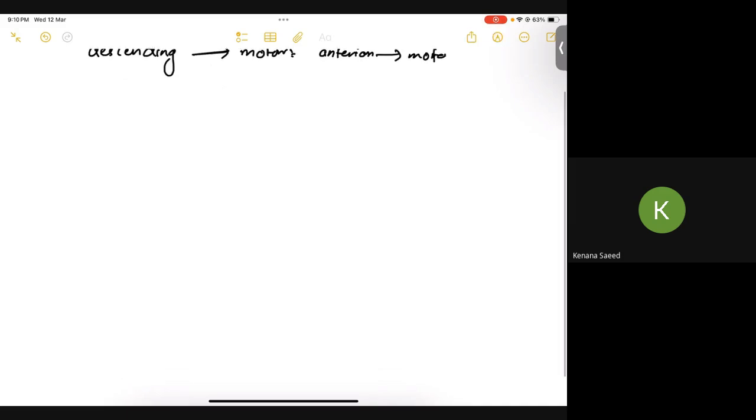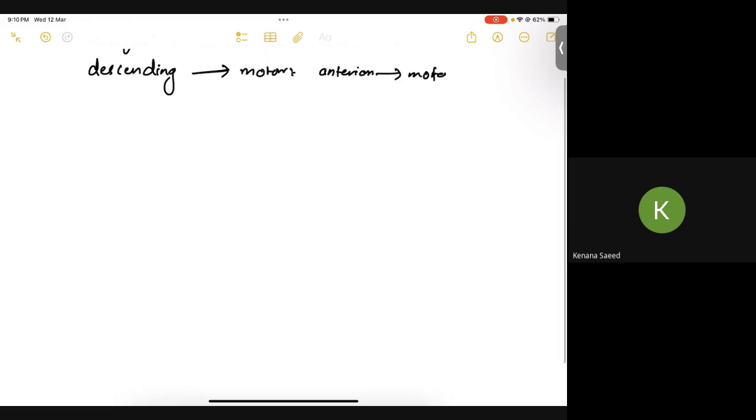Okay. So before discussing how the motor response gets initiated, you should know certain areas within the cortex, right? Remember that your cortex is divided by a sulcus known as the central sulcus, right? For example, let me just draw your cortex. This is your cortex, your cerebrum.